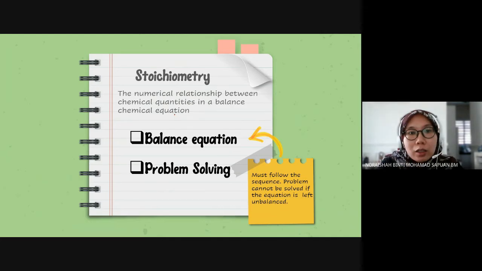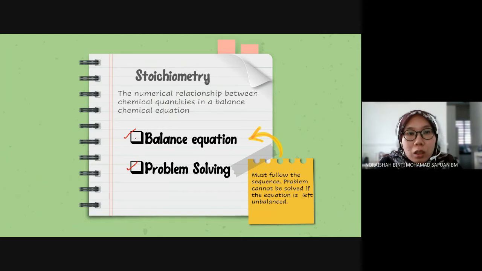Hubungan antara kuantiti kimia dengan persamaan kimia yang balance. So in this case kita akan sentuh dua terms yang penting, iaitu balance equation dan juga problem solving.